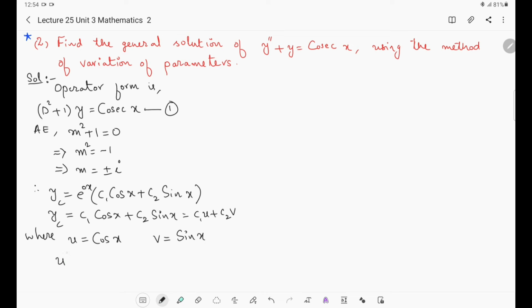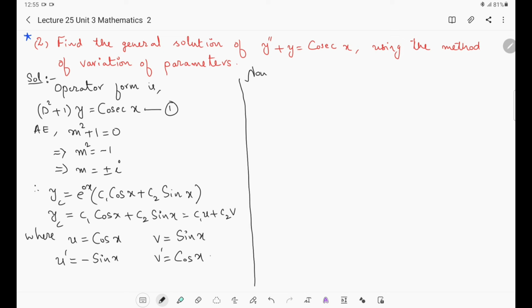So u dash is the derivative of cos x, which is minus sin x, right? And v dash, the derivative of sin x, is cos x, right? So then we have to find the particular integral.